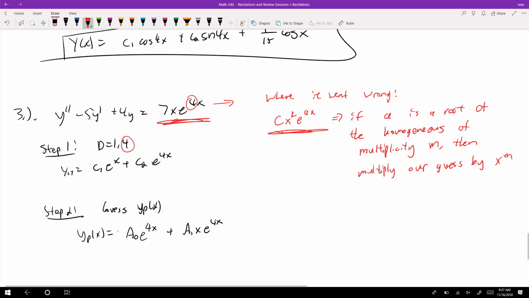So what's the multiplicity of 4 in my homogeneous equation? It's 1, right? It occurs once, okay? So what does that mean? That means I have to take this guy and multiply by x to the m, but m is 1, so this is just x to the first. All right, so this is the fix.